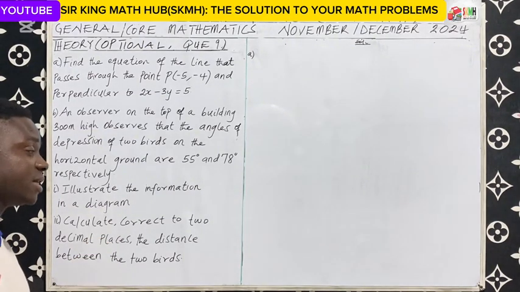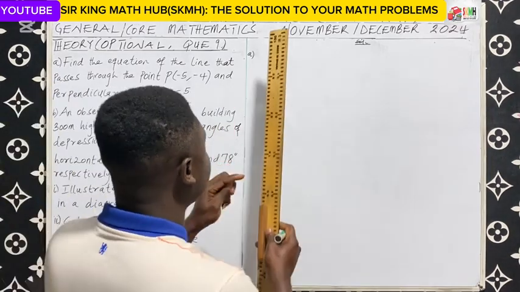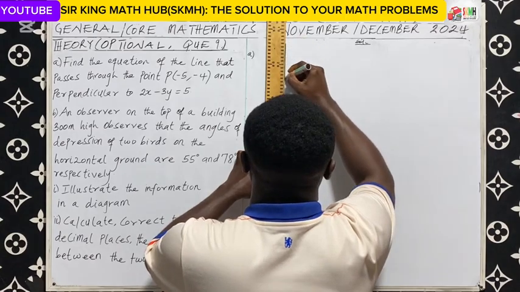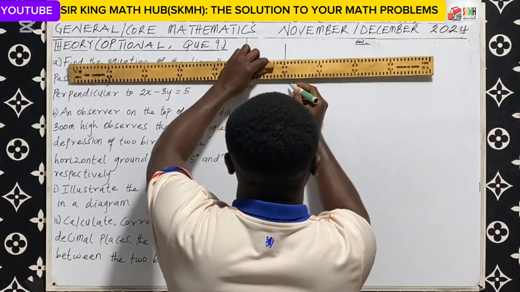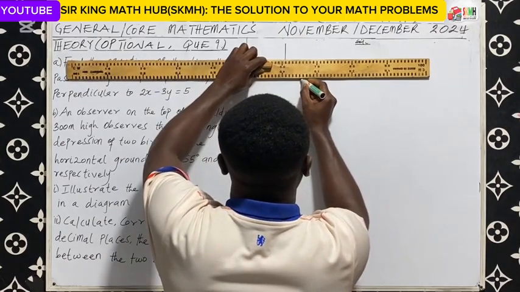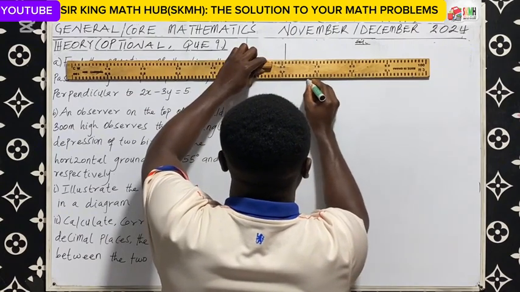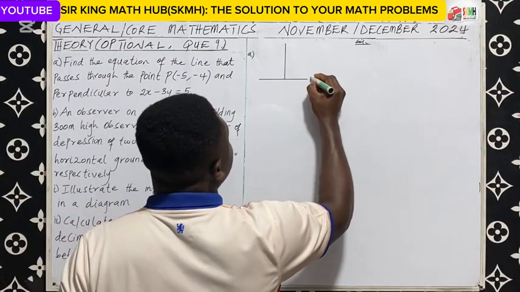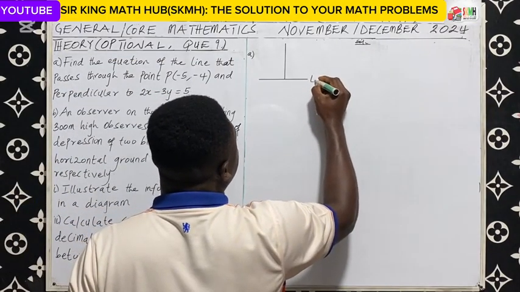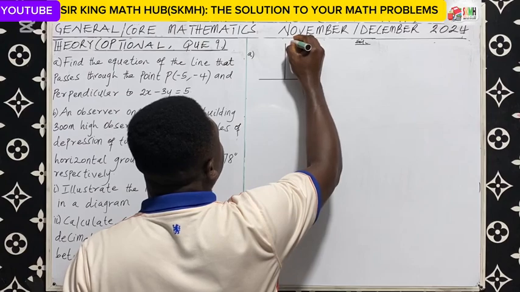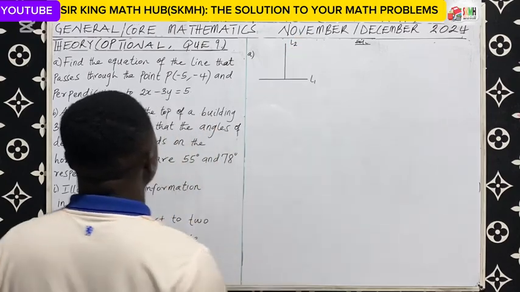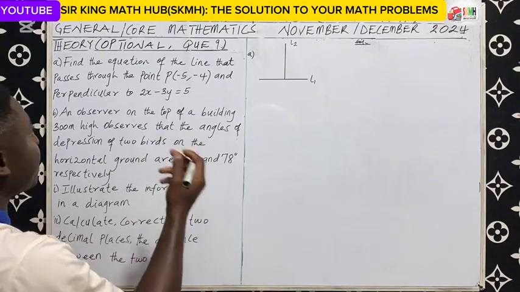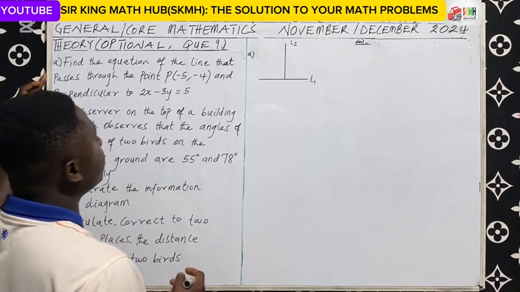So let's quickly represent something. We have two lines. I'm naming this line here as line 1, this one here as line 2. We were told that we have to find the equation of the line that passes through the point.